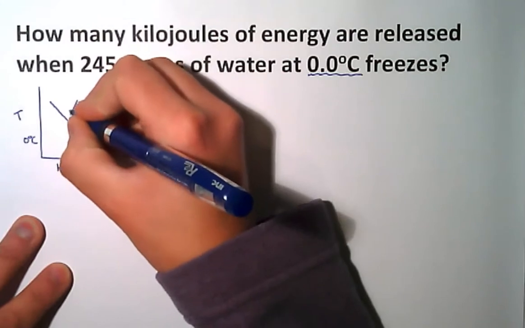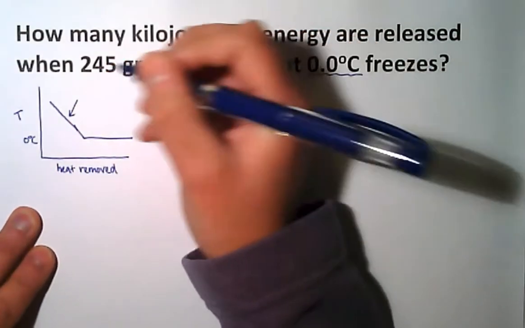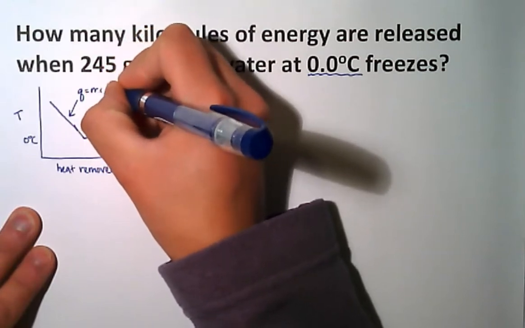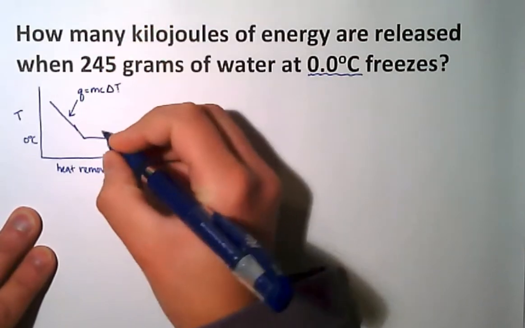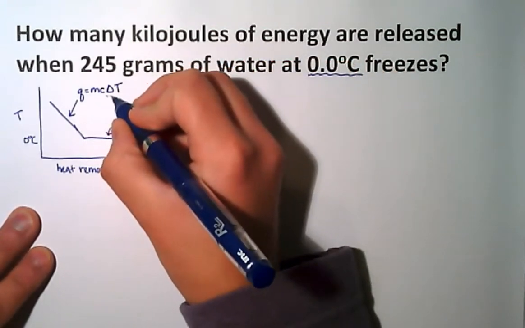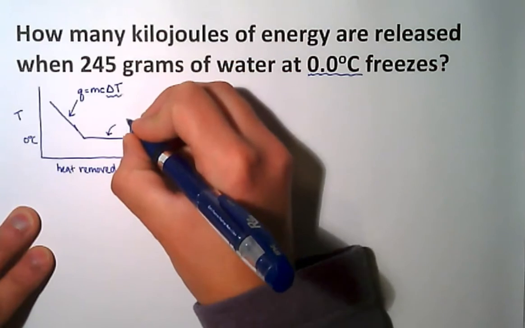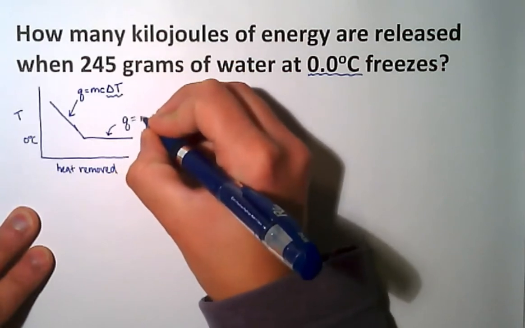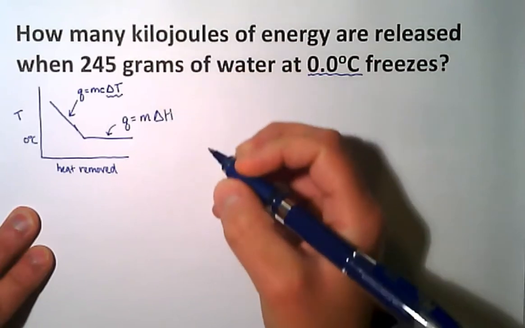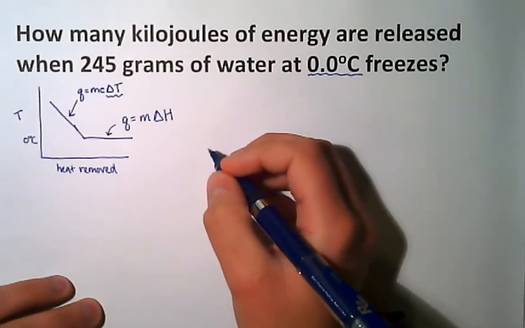So for pieces of the graph where we have a temperature change, we use Q equals m times C times delta T. But on parts of the graph where a phase change is happening, we don't have a change in temperature anymore. So we have to use Q equals the mass times delta H of either fusion or vaporization.